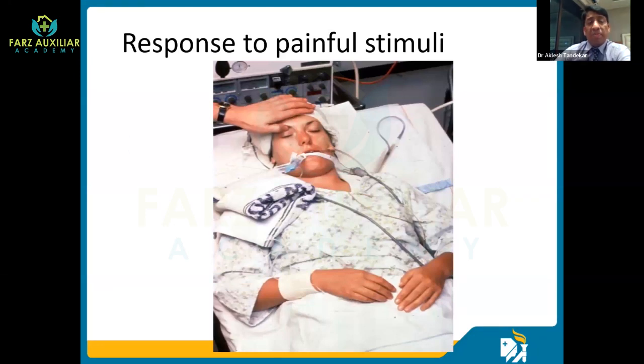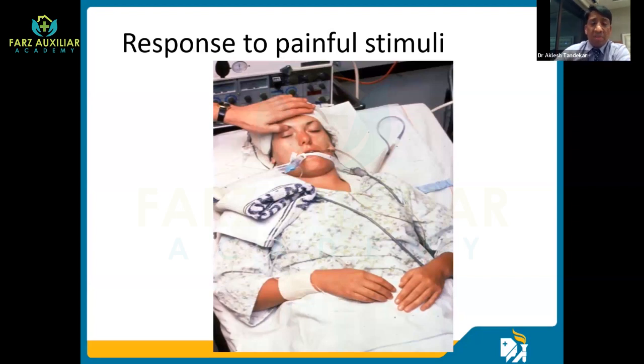So this is how you give the painful stimulus: supraorbital, or painful stimulus can be given at the nail bed, or at some centers, painful stimulus is given at the sternal area also. But make sure that while giving painful stimulus, the patient should not have injury to the part being utilized for painful stimulus.